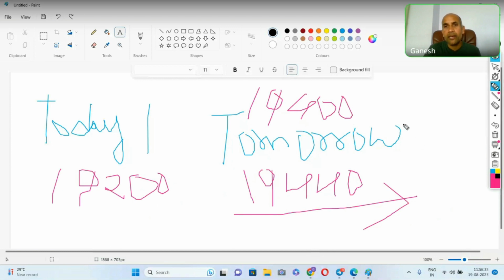People would be thinking that they are closing 19,400 calls, and that is why the market has rallied. This is short covering. If any of you on this call are thinking that 19,400 calls are closed and that's why the market has rallied, that is absolutely wrong, because closing 19,400 calls doesn't move the market up. Why?